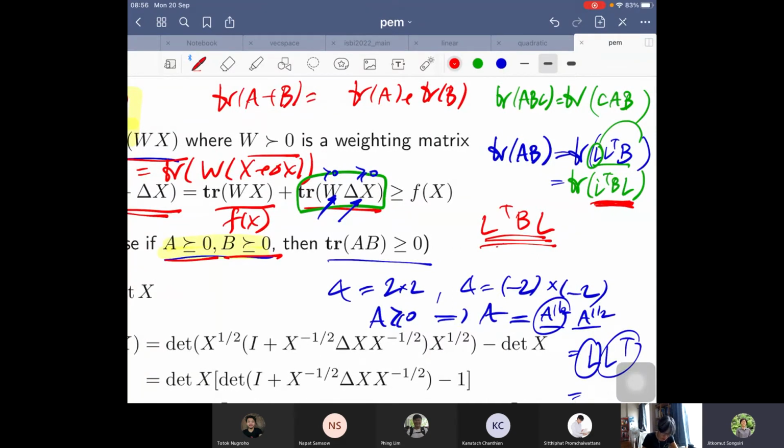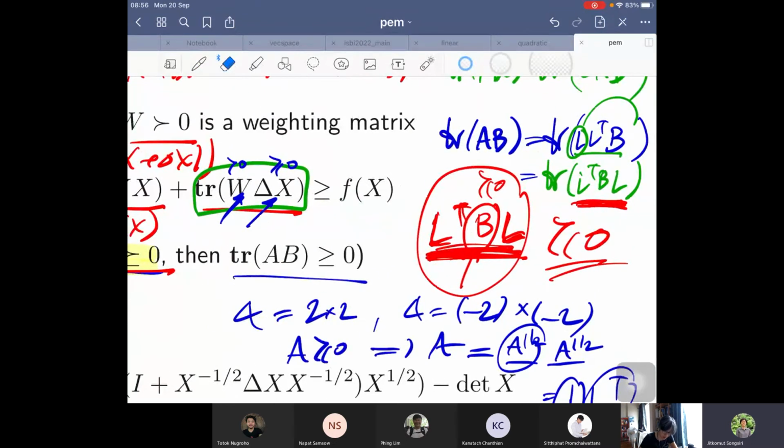And now we take a look at this matrix L transpose B L. It is positive semi-definite, right? Because again, this is a quadratic form, L transpose L, parameterized by B, but B is positive semi-definite. So the whole thing must be positive semi-definite. All right, is it clear?